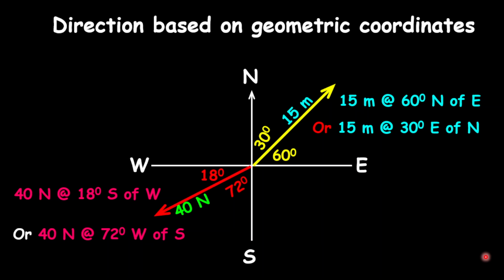Then we say 40 newtons at 72 degrees west of south. Again, remember you write the direction that is closest to the angle. In the first example, for 18 degrees, you state west last because 18 degrees is closest to west. And the 72 degrees is closer to south, so you write south last.